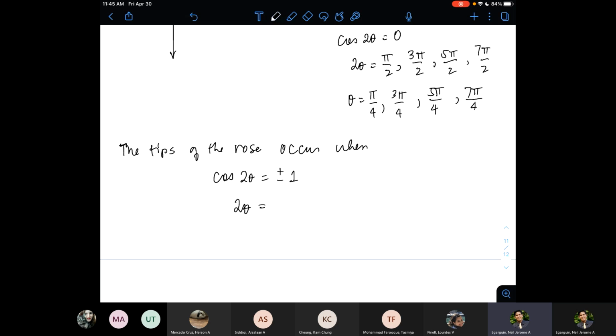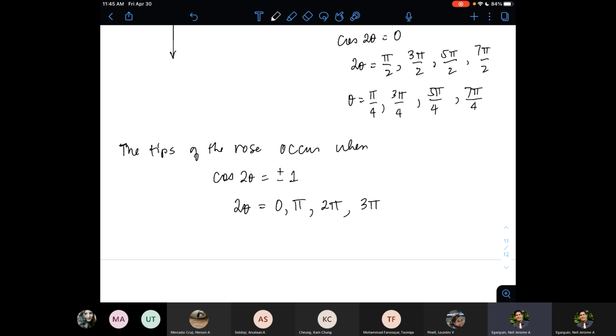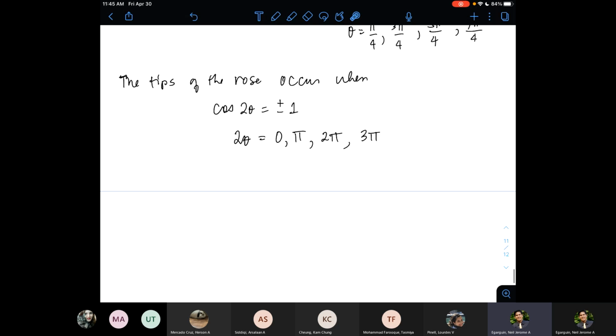So cosine would be 1 at 0, and then it would be negative 1 at pi. Then it would be 1 again at 2 pi, and it would be negative 1 again at 3 pi. I needed 2 revolutions because my angle is 2 theta, right? Now I'll divide everything by 2 to get theta.